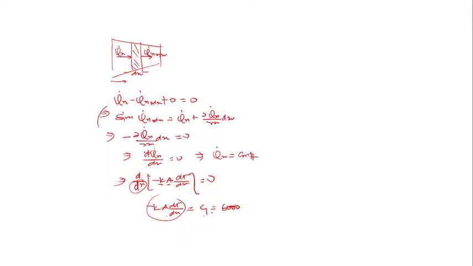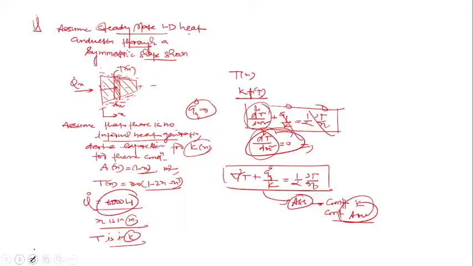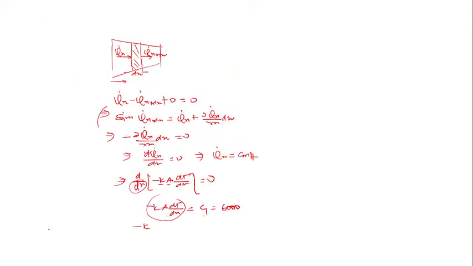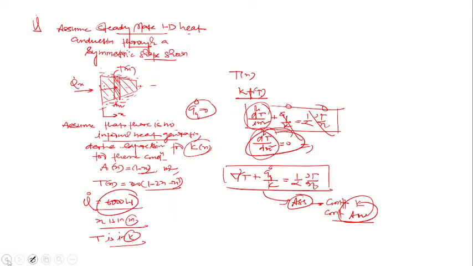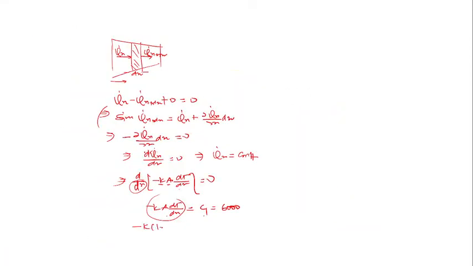Now you can put here minus k. Area is how much? 1 minus x.